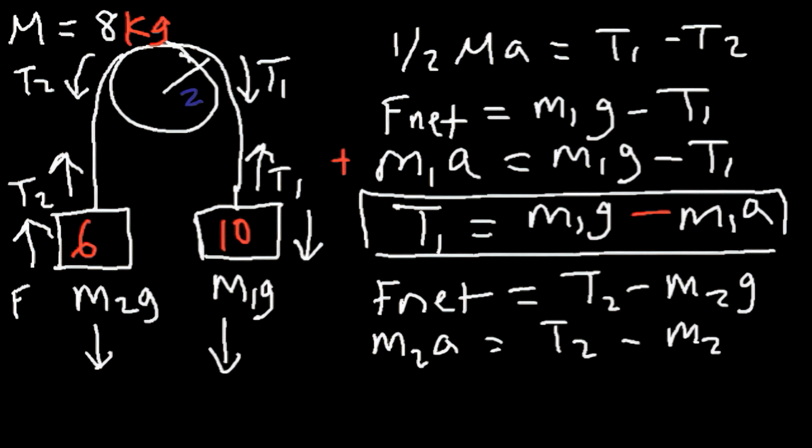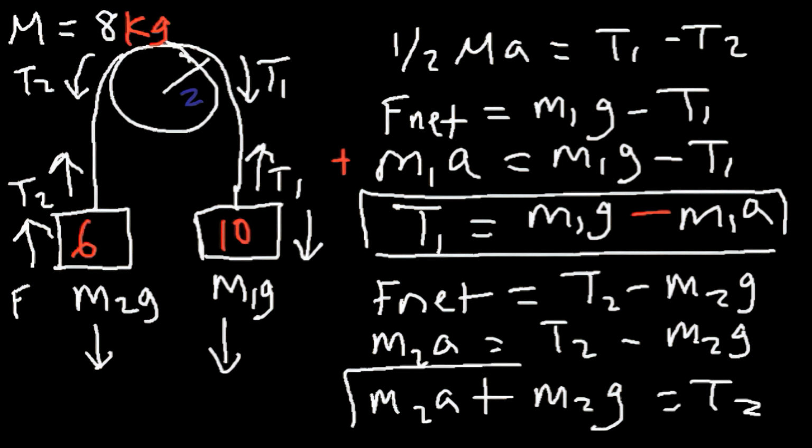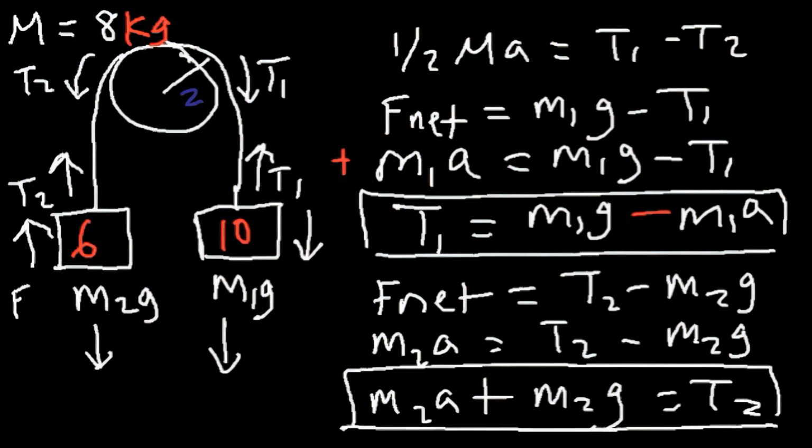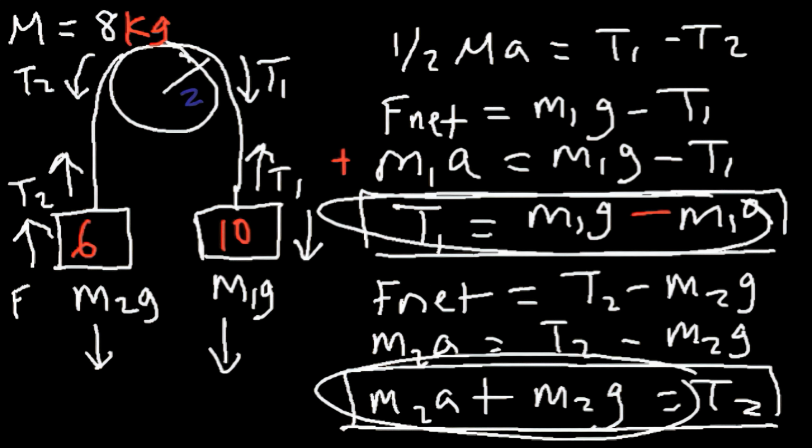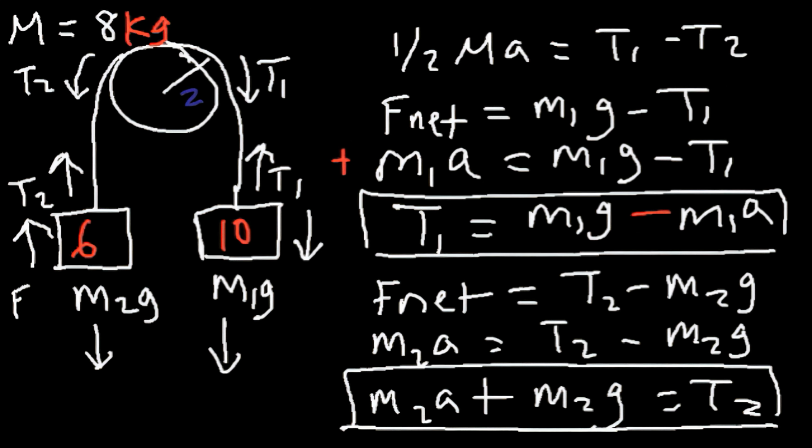So to get T2 by itself, we need to move m2g from the right side to the left side. So it's going to change from negative to positive. So m2a plus m2g is equal to T2. So that's the expression for the tension force. By the way, if you get a problem like this, and if you need to find T1 or T2, once you have the acceleration, plug it into one of these formulas. And that's how you can find the tension force T1 and T2.